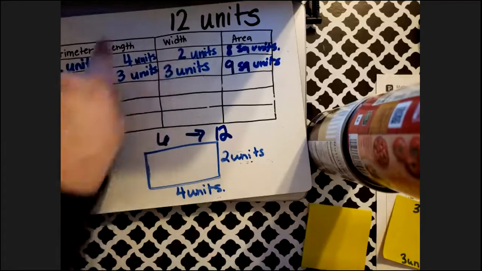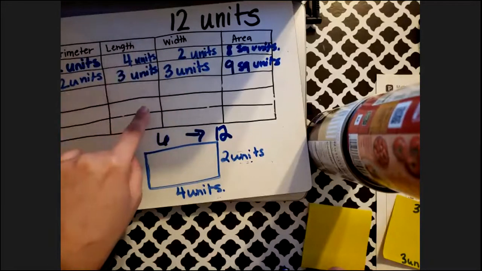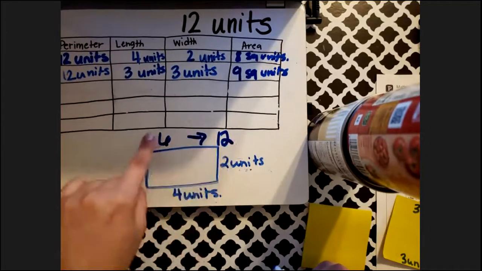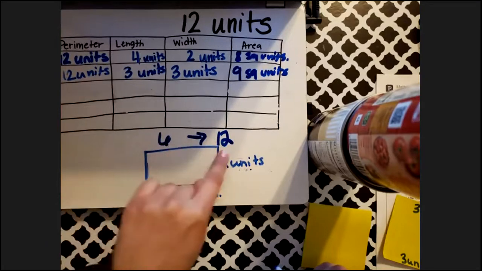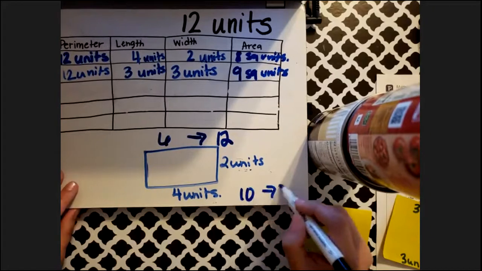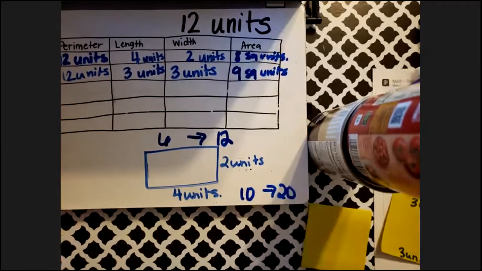Why is it important that I'm asking you to add the length and the width to help you find the perimeter? Why do you think I'm having you do that? How do you get from 6 to 12? Just like before, how do you get from 10 to 20? What do you have to do to that number? Logan, I saw your hand up.